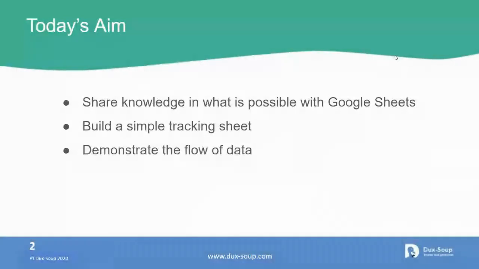Back in December, we presented a webinar and there was a blog post showing users how to build a simple tracking dashboard using a combination of Dux-Soup, Zapier, and Google Sheets. Then in May, a couple of months ago, we produced a blog post showing you how to directly link your Dux-Soup and LinkedIn activity to Google Sheets using webhooks and without Zapier.